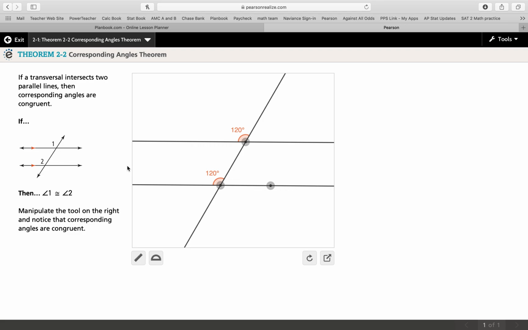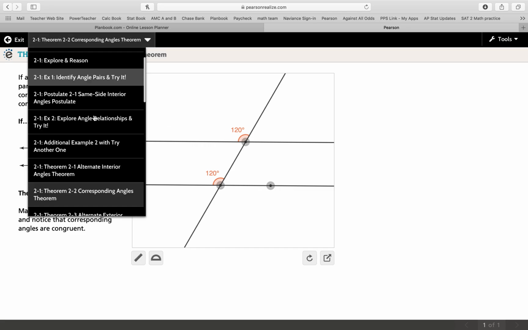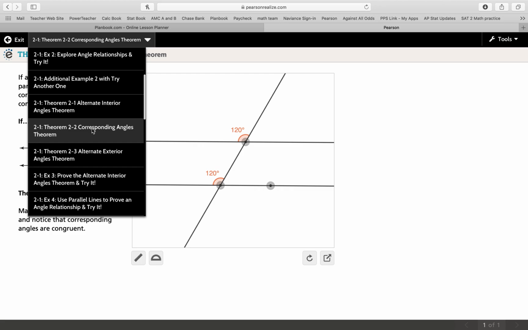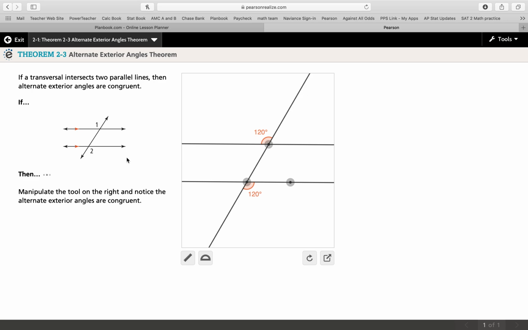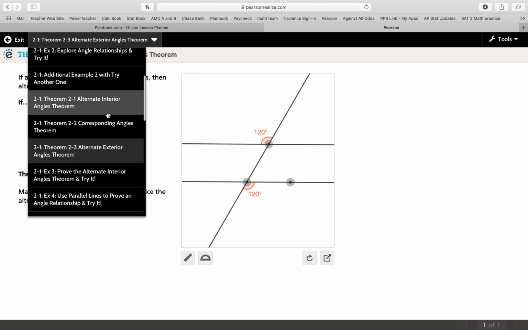So the alternate interior angles are congruent, the corresponding angles are congruent, and the alternate exterior angles are congruent, if the two lines are parallel and cut by one transversal. They have to be on this one transversal. The same side interior angles are supplementary.